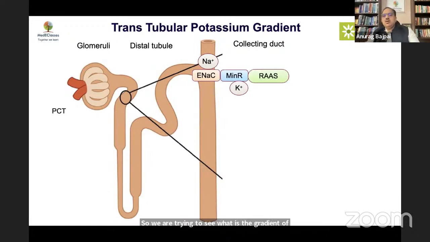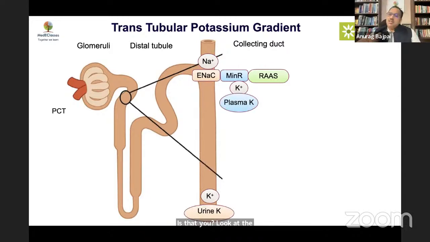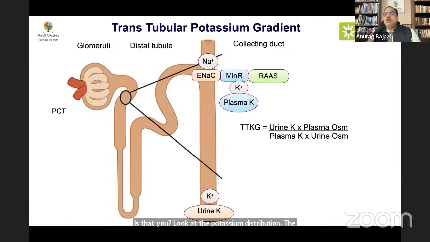You look at the urinary potassium and the plasma potassium, and you correct it for the osmolality. As compared to other osmoles being excreted, are we excreting the same amount of potassium in the urine or not? So it's the ratio of urinary to plasma potassium divided by urinary osmolality over plasma osmolality.